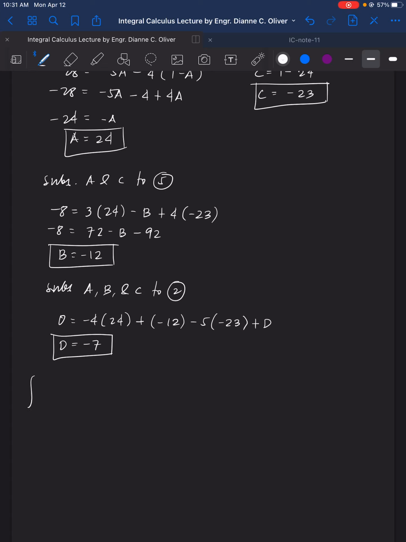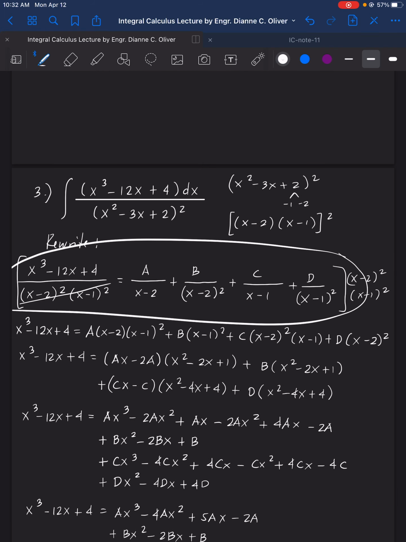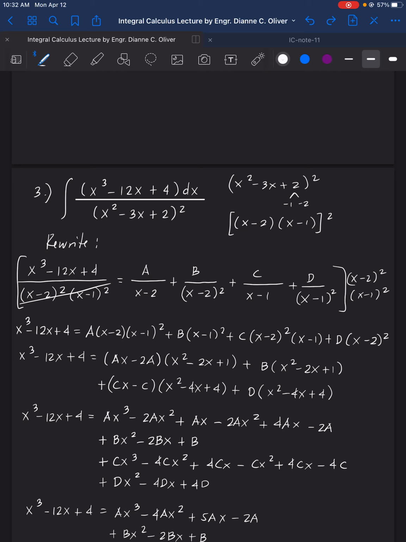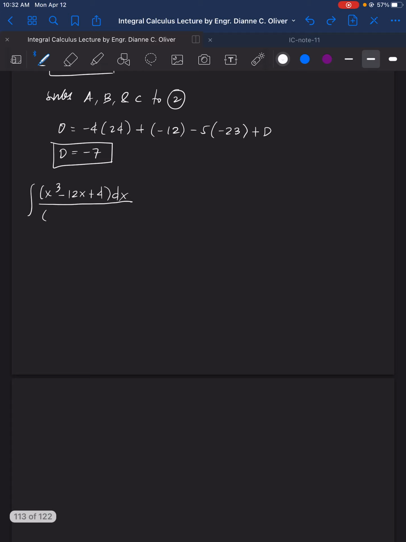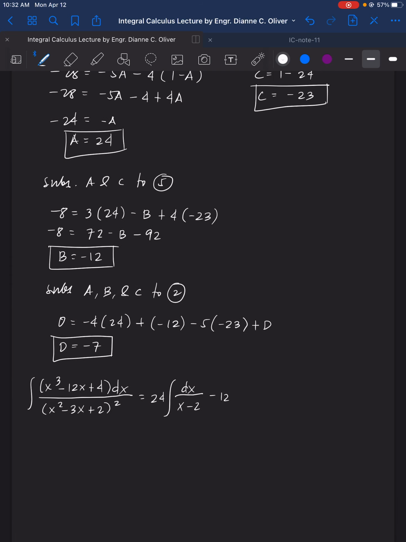We have here the integral of x cubed minus 12x plus 4 dx over the original denominator, x squared minus 3x plus 2 squared, which is equal to the value of a, 24, integral of dx over x minus 2, then b, negative 12, dx over x minus 2 squared.